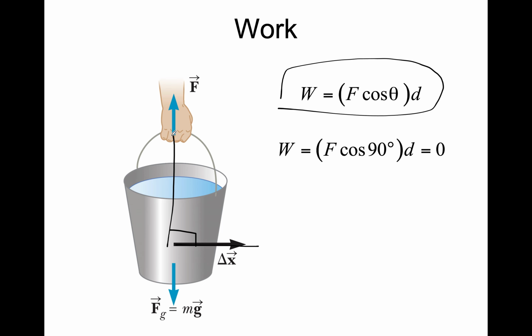If we hold this bucket, the force points vertically up, the displacement is horizontal, so the angle between force and displacement is 90 degrees. Cosine 90 degrees is 0. So this force doesn't do any work if the bucket of water only has this displacement in the horizontal direction.